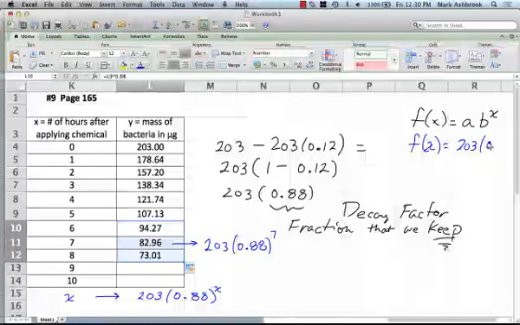So when you have increase, what do you know about your value of B? It's over 1, because you'll have the 1 plus the increase. What about when it's decay? Below 1, it's a fraction of 1, because you're always keeping a fraction of what you had before.